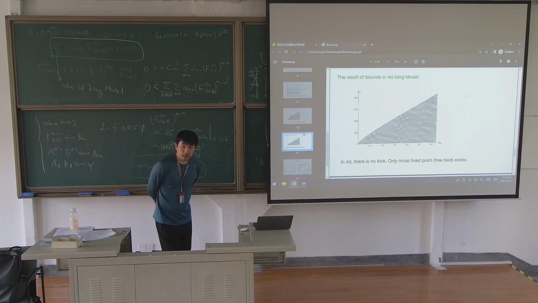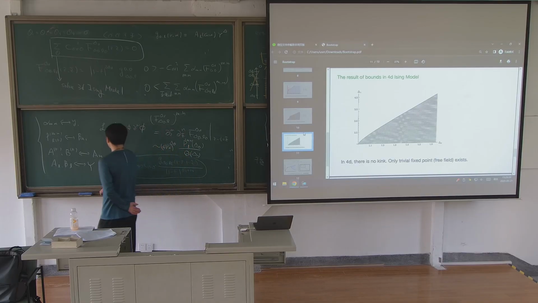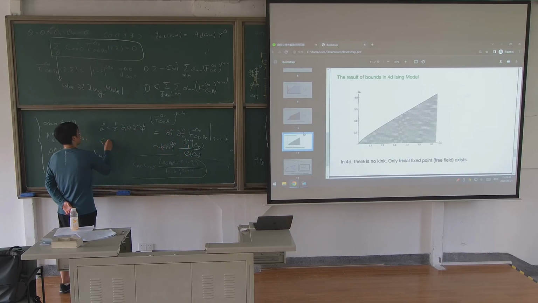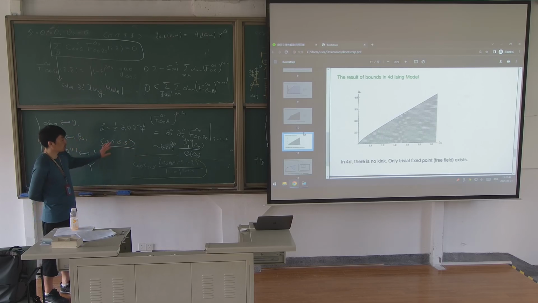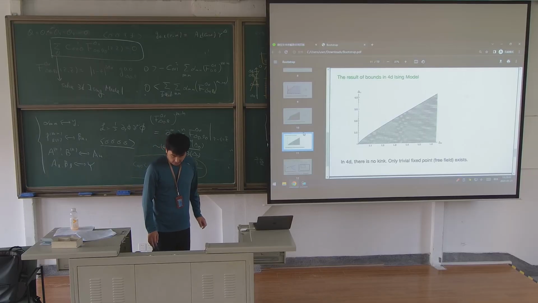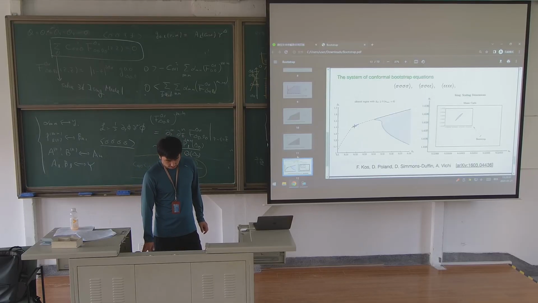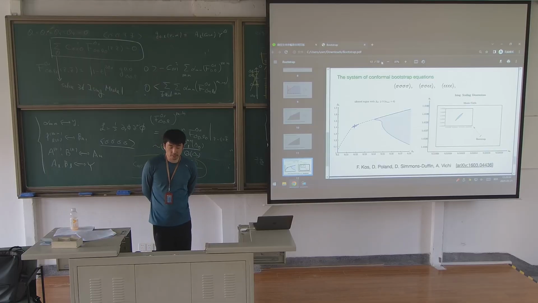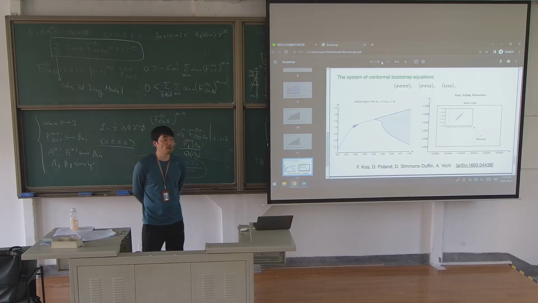So this bound is only obtained by considering this 4-point function, sigma, sigma, sigma, sigma. And they apply the conformal bootstrap equation only to this 4-point function. Then in the second paper and the subsequent papers, they consider 3 kinds of 4-point functions.